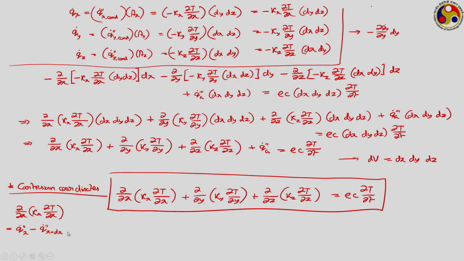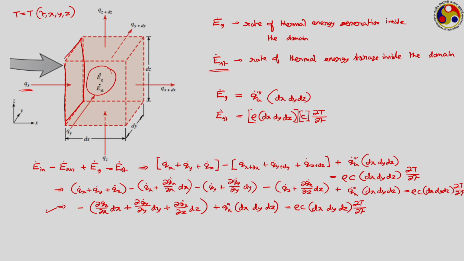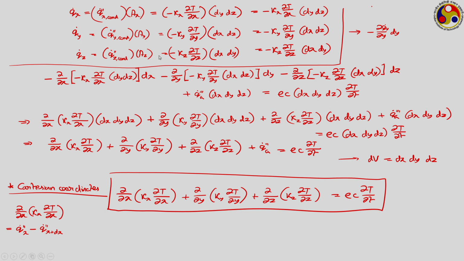It is the amount of conduction heat flux that entered the block from one side, minus the conduction heat flux that is leaving through the opposite face. That difference is given by the first term.